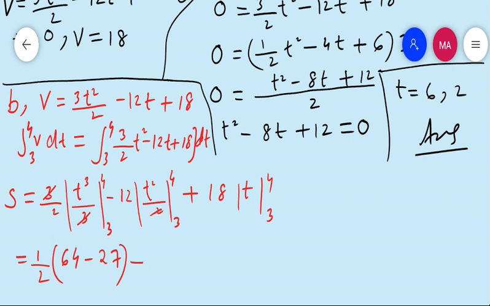Very easy. 2 sixes are 12, t square: 4 square is 16 minus 3 square is 9, upper limit minus lower limit, plus 18 times 4 minus 3. More simplification.